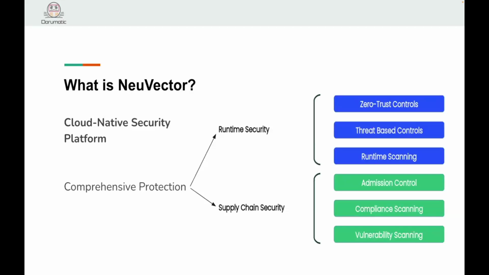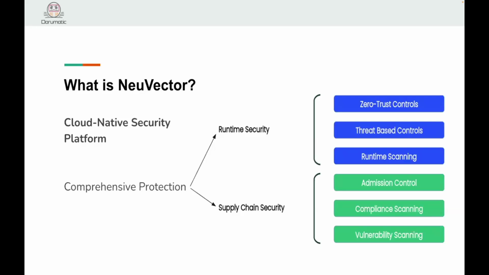Admission control, compliance scanning, vulnerability scanning, we are going to go through them later. Basically, when I have an image that I want to deploy, it will be scanned by NeuVector, and it will report to me as a developer or DevOps engineer if I have a vulnerability I need to fix, or if I want to fix it or not.